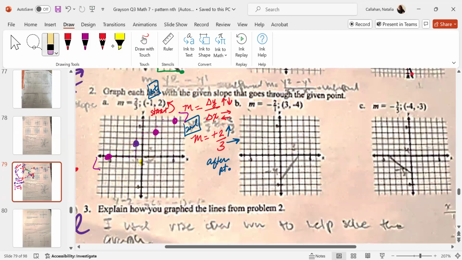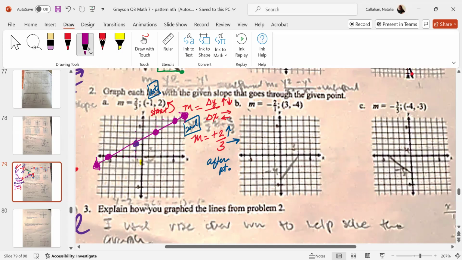You need to tell her that a line has arrows at the end. I don't care what she does, but that's wrong. Your line needs to be long, okay? And the arrows mean that it's continuous. So it's continuously going up and down, or to the right and left.